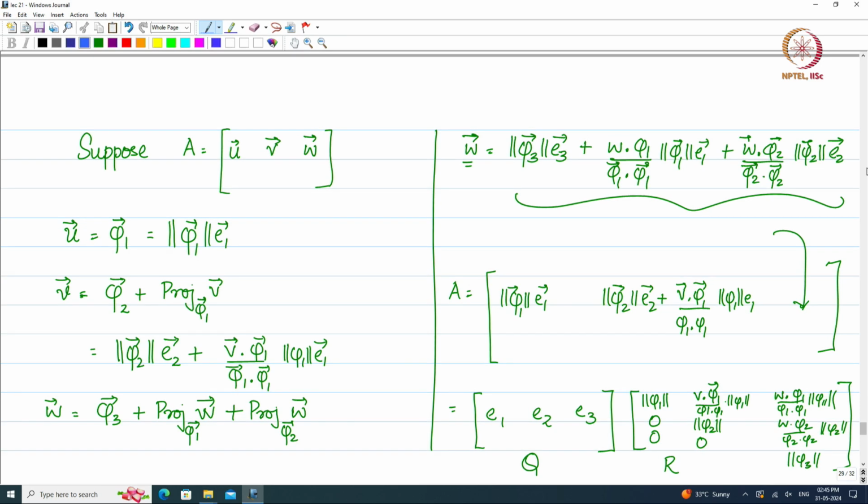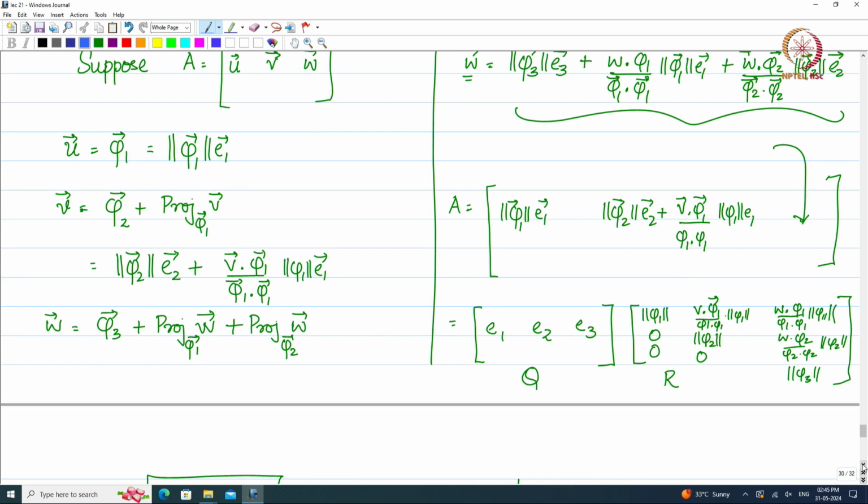And we also said that if you have, let us say, the matrix A whose columns are basically the 3 vectors that we had, u, v and w, our Gram-Schmidt orthonormalization process basically helps us get orthonormal vectors, and we can express this matrix A as a product of 2 matrices, namely Q and R, where Q is the orthogonal matrix and R is basically an upper triangular matrix, and this is what we had seen in the last class.